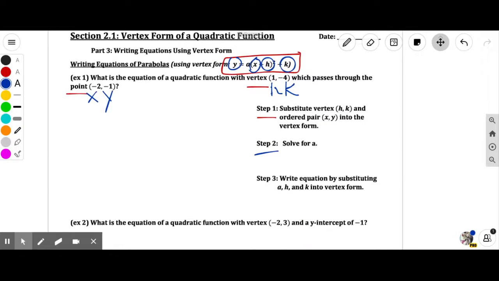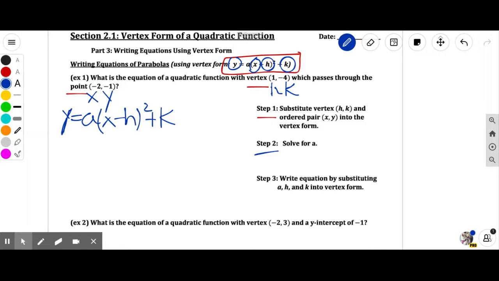So I'm going to rewrite vertex form right here. Now I'm going to plug in h, k, x, and y, and then we're going to solve for a.